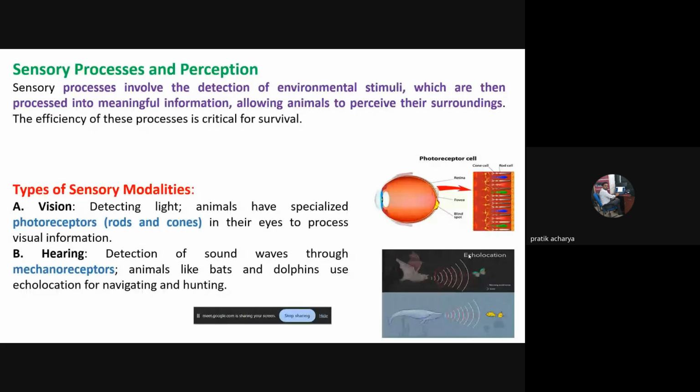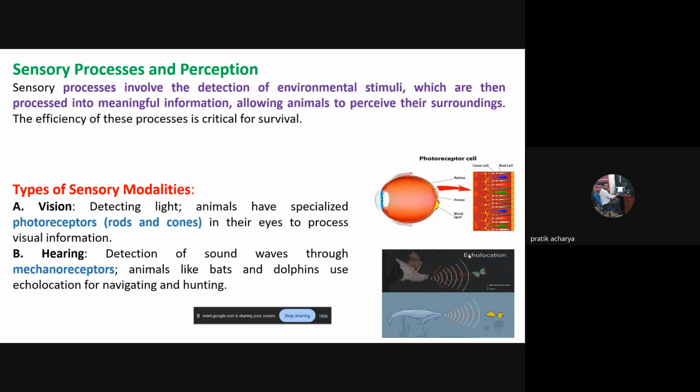So processes means what kind of environmental stimuli are there. The animal has to detect those stimuli. After detection only, the animal can process the meaningful information. Otherwise, if we are unable to detect, we cannot process the information.